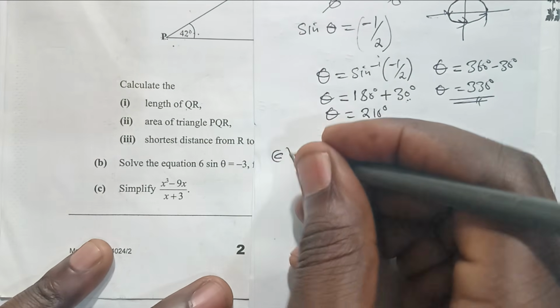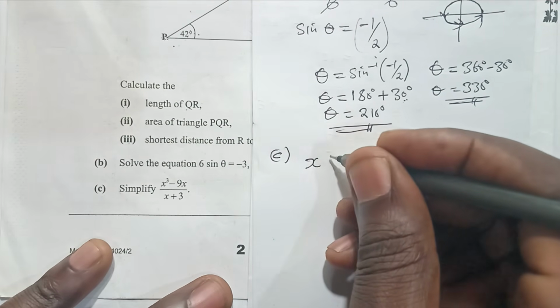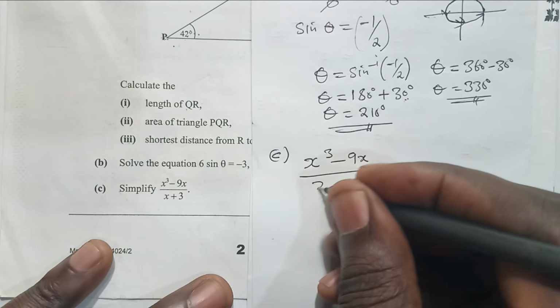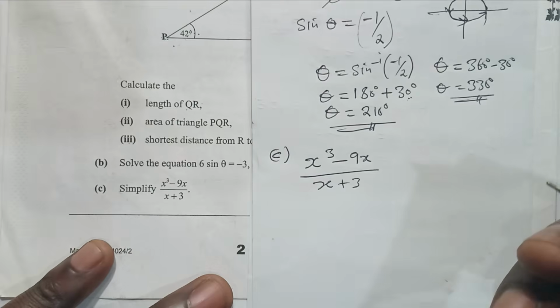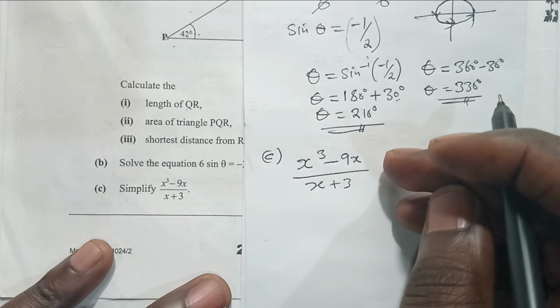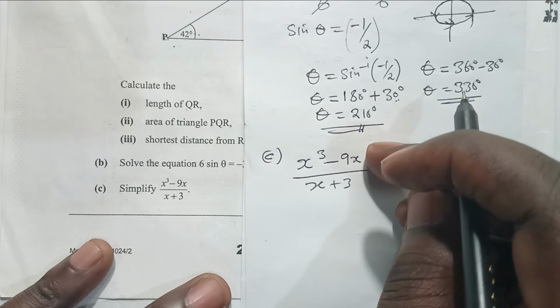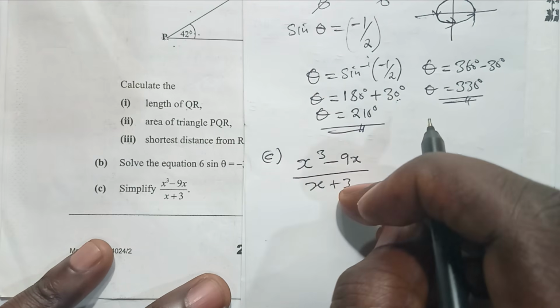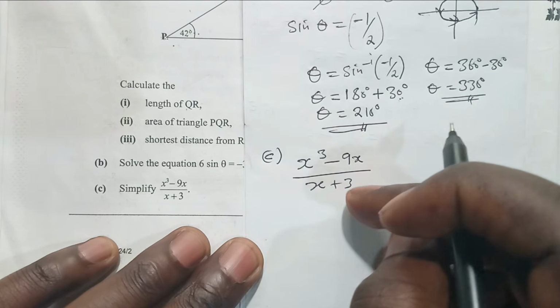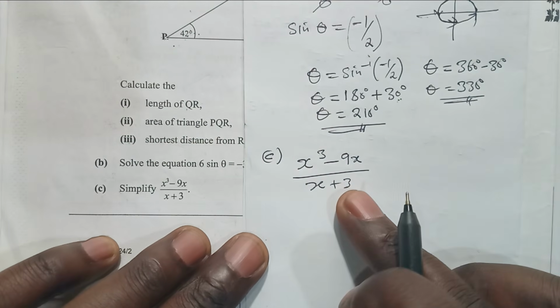Part C: x cubed minus 9x over x plus 3. Because we want to simplify, we can see that we've got a lot to do on the numerator part than the denominator. So we're going to do the workings for the numerator first, and we'll be maintaining the denominator part.